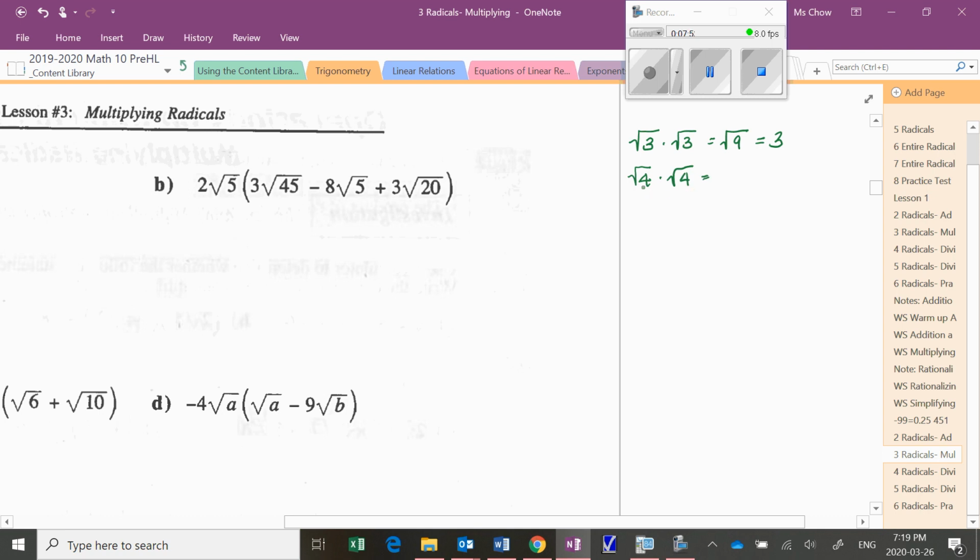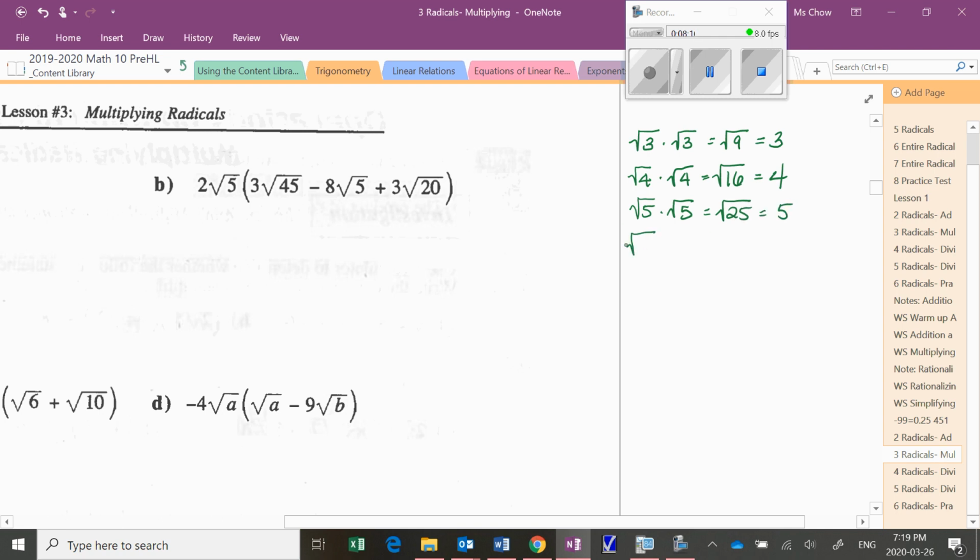We could say, oh well, root 4 times root 4 is root 16, which is simply 4, or of course because 4 is a perfect square, the square root of 4 is simply 2 times 2, which is also, of course, 4. If we looked at the square root of 5 times the square root of 5, then that is, of course, the square root of 25, which is then just 5.